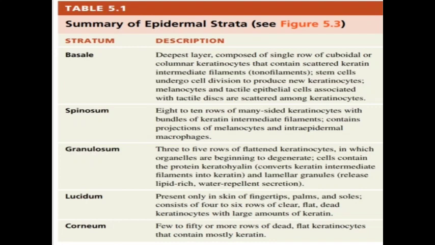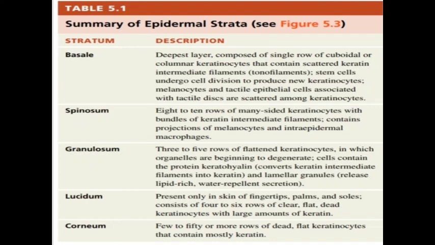But if these keratinocytes move more quickly than normal, and are shed 7 to 10 days before the normal time of shedding, it is a disease condition called psoriasis, in which the cells of the stratum corneum are shed prematurely.